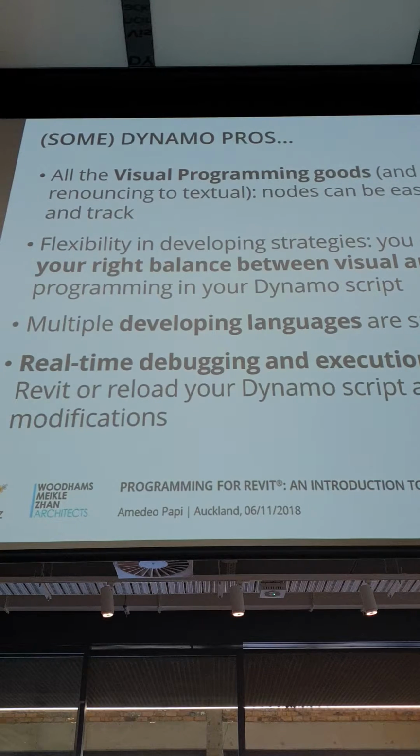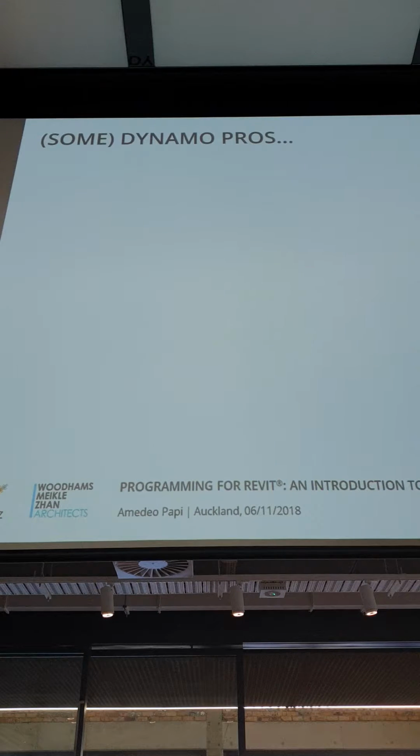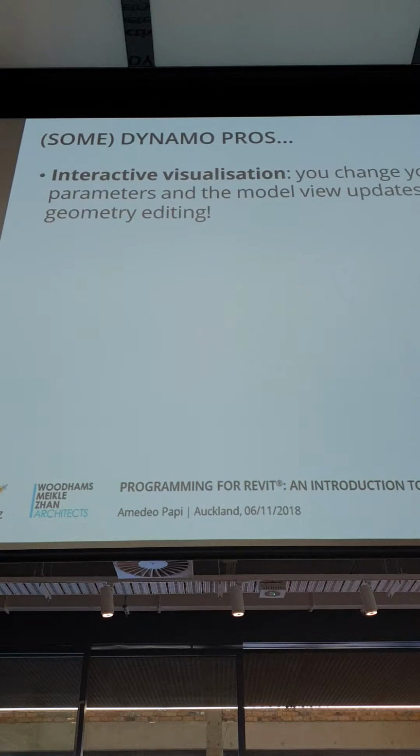You don't need to exit Revit or reload your Dynamo script after a modification, and this is really important when you develop scripts. You have an interactive visualization: what you change is what you see in the 3D preview window. You have a clear introspection using watch nodes, and we will see something together with Monica.